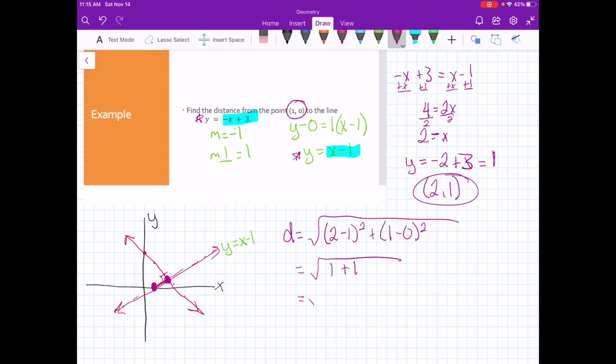So we want the square root of 2. And if you want to go ahead and type that into your calculator to find the actual square root of 2, we find that the distance is about 1.4142. So that's the distance from the point (1, 0) to the line y equals negative x plus 3.